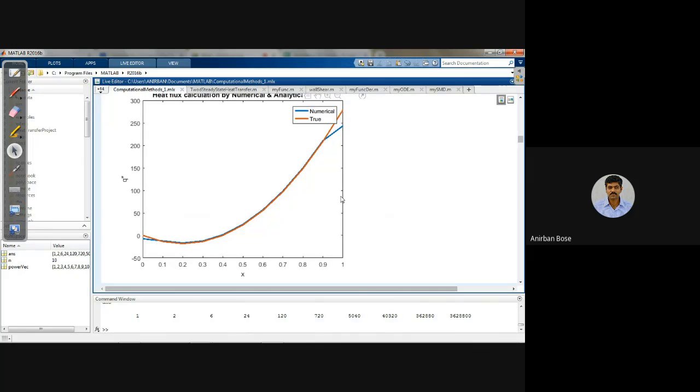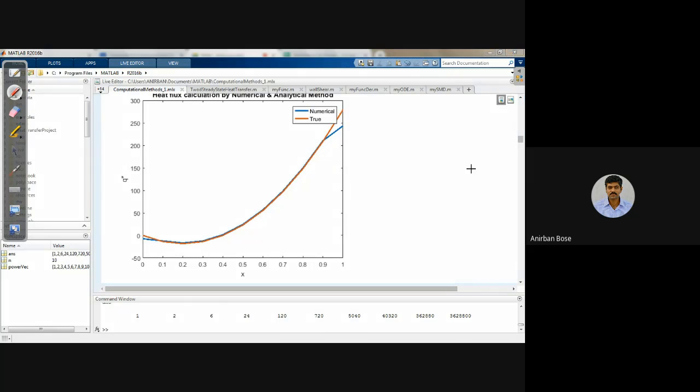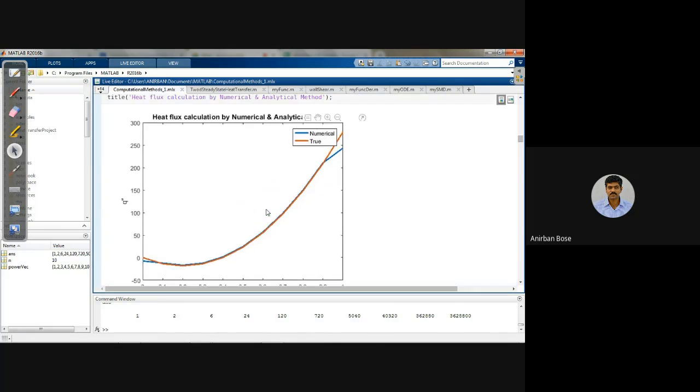Here you can see that they are almost the same. Only at this end point and this end point, the error is very high when you compare the numerical and the true value. But for the intermediate grid points, the error is not much. You can understand why: at the end points we have used the forward and backward difference formulas, whereas at the intermediate points we have used the central difference formula, which is quite accurate.